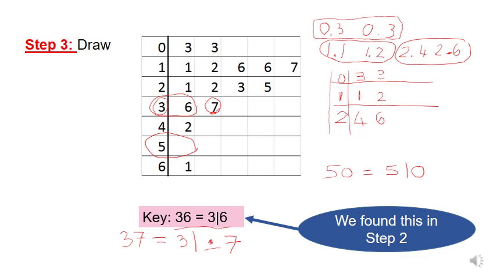Now if we don't put a key, we might look at this and say 2-4, or 2 line 4, sorry, is 24. But it's not. Okay, it's getting a bit messy here. 2 bar 4 is 2.4.